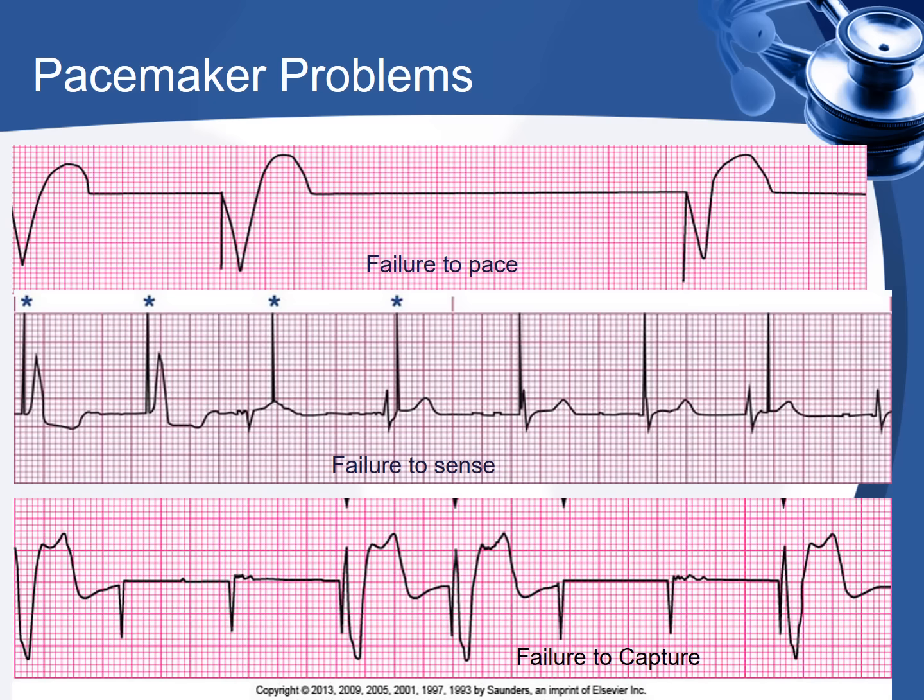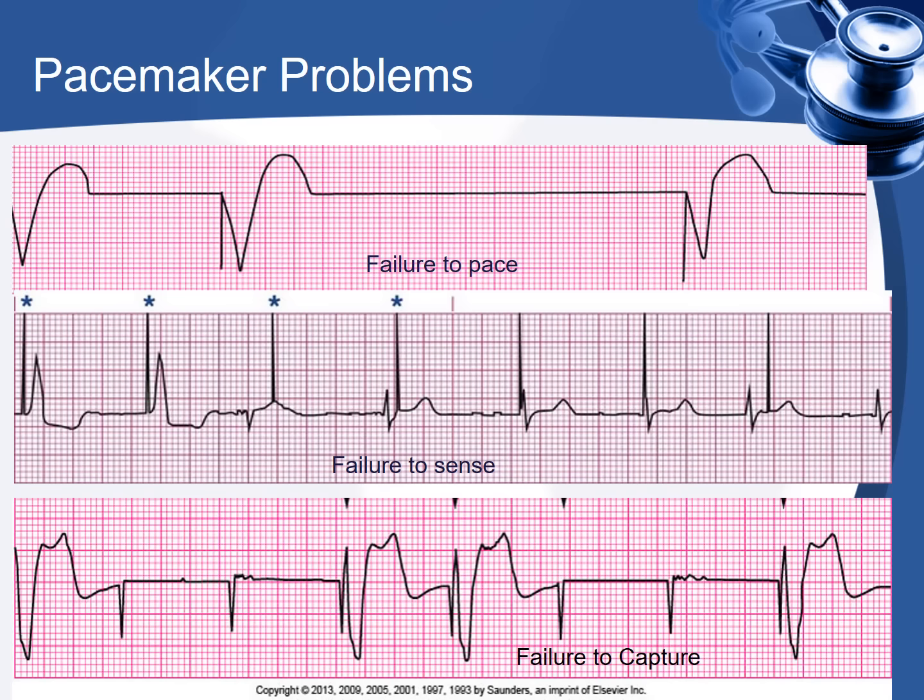Sometimes it is because there is either a kink or a break in the pacemaker lead itself. That pacemaker lead needs to be changed. Or at times, if it's a patient that has had a heart attack and the tip of the pacemaker lead is touching the area of the myocardial damage, it does not propagate the signal. It does not transmit the signal, so the lead may have to be manipulated.